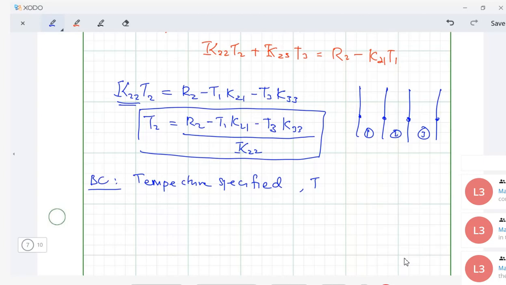For example, T equals alpha. So this is the temperature specified. This is one kind of boundary condition.